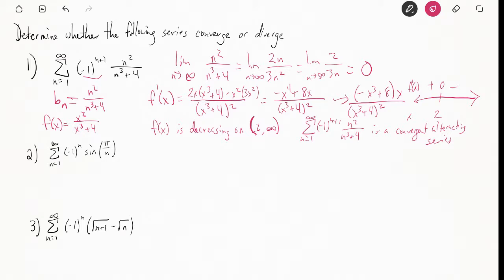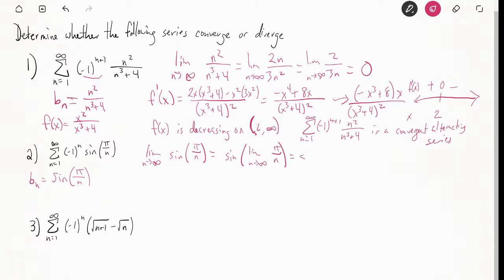Next one, limit as n goes to infinity. And by the way, we have b sub n equals sine of pi over n. Limit as n goes to infinity of sine of pi over n equals the sine of the limit as n goes to infinity of pi over n, which equals sine of 0, which in fact equals just 0.